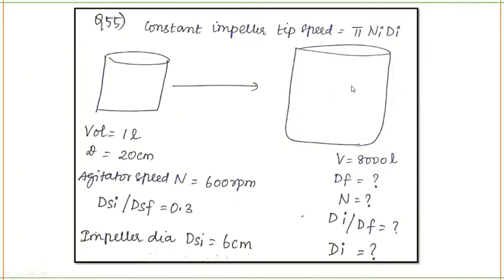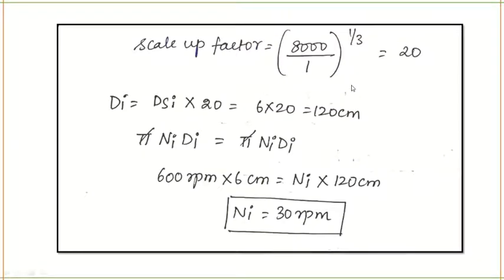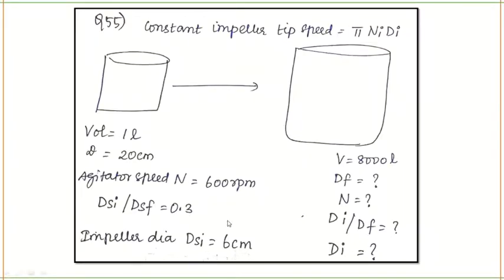So what you're going to do, you're going to equate the impeller tip speed for the small fermenter to the impeller tip speed for the larger fermenter. So pi N D for the small fermenter is equal to pi N D for the large fermenter. Pi gets cancelled. N you know, it is 600 rpm, and the diameter of the impeller is 6 centimeter.